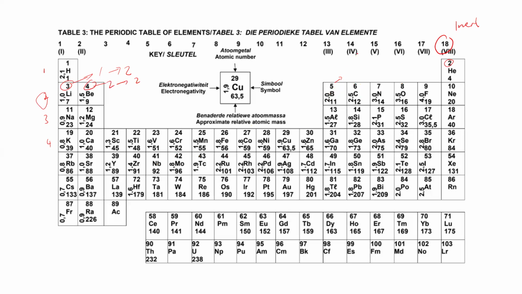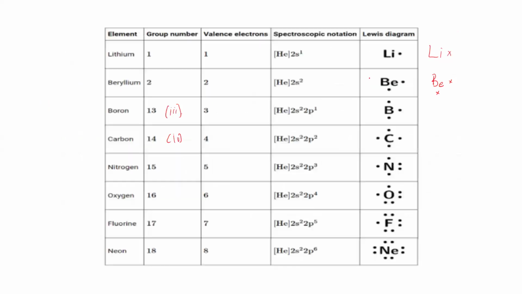Let's come to carbon. Carbon is in group 4, so it needs 4 electrons. It's a non-metal, so it accepts 4 electrons. When it accepts 4 electrons, it's 6 plus 4, that will be 10. Carbon is one that can obey the octet rule because the outer energy level will carry a maximum of 8 electrons. Hope that was clear.